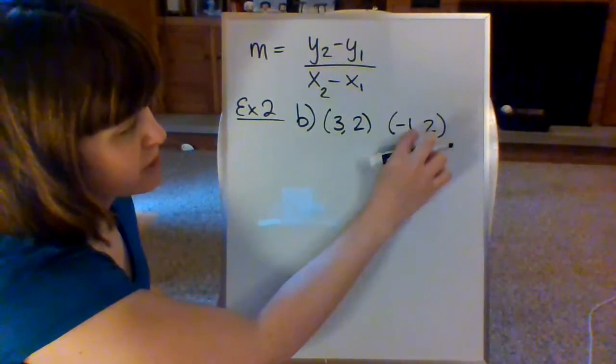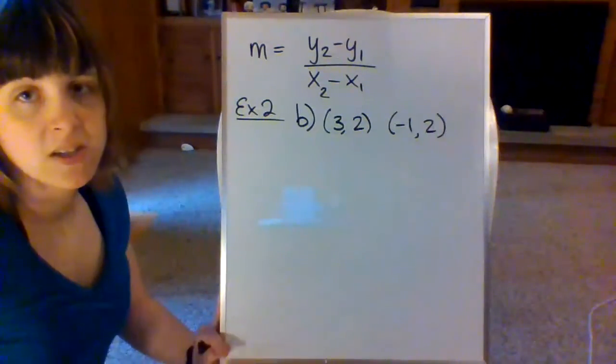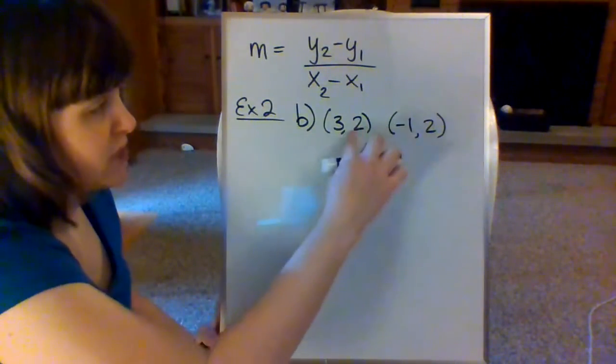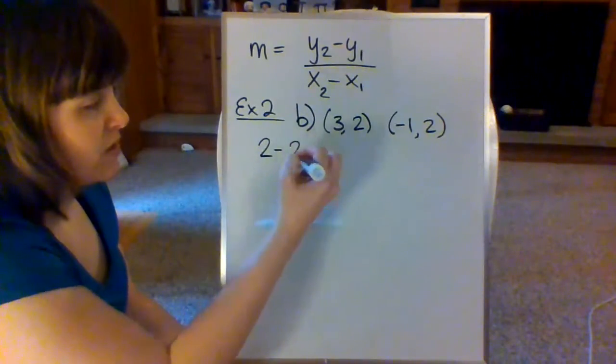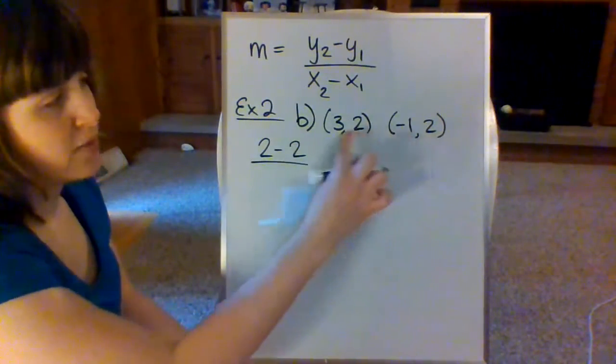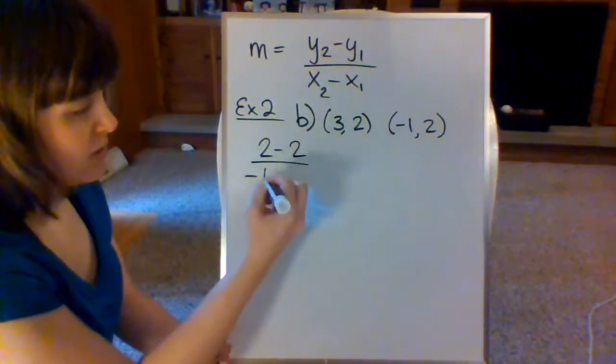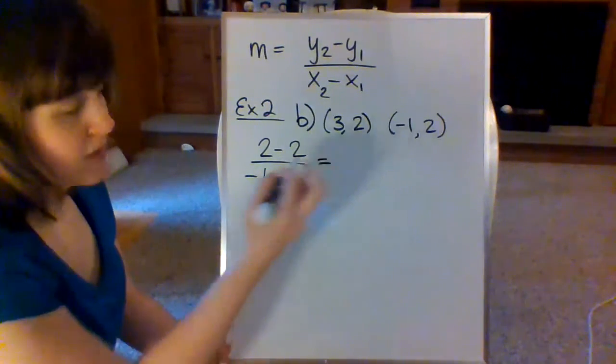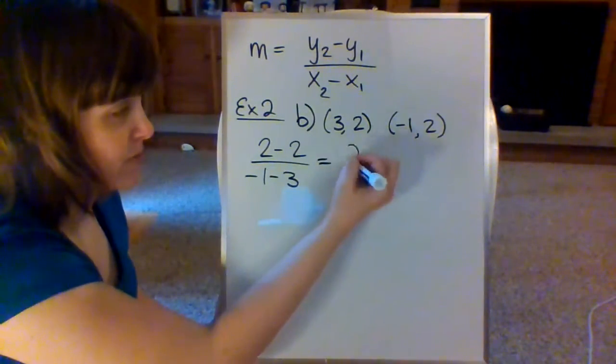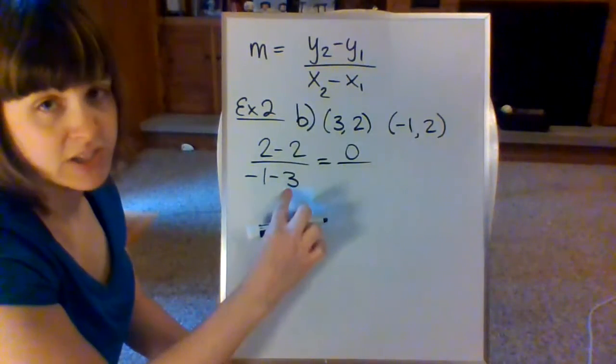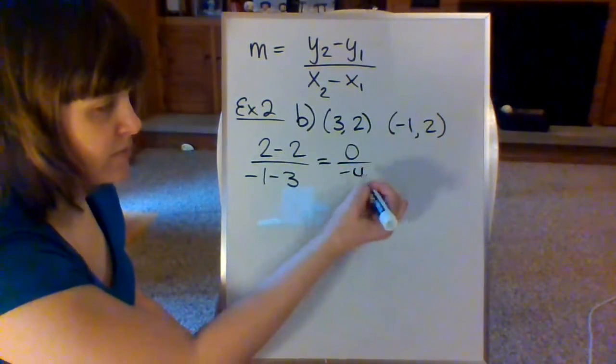So we have to find the slope between these points. We're going to do 2 minus 2 over -1 minus 3. So 2 minus 2 is 0, and -1 minus 3 is -4.